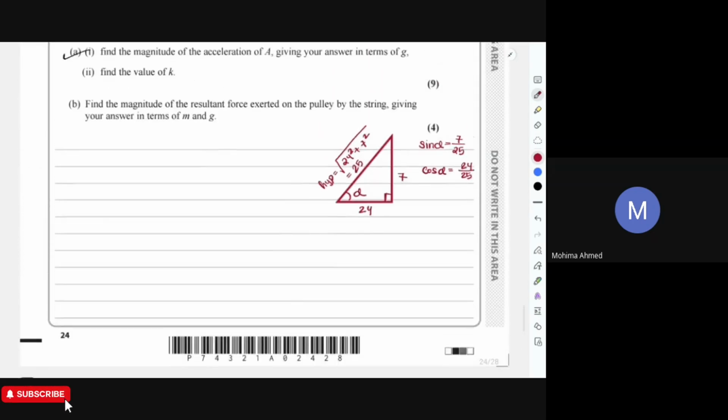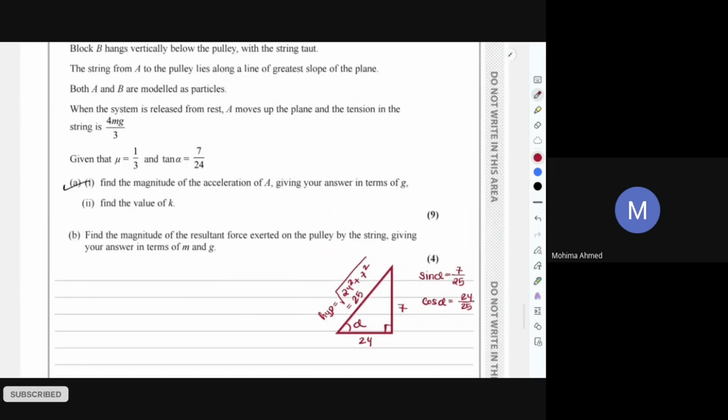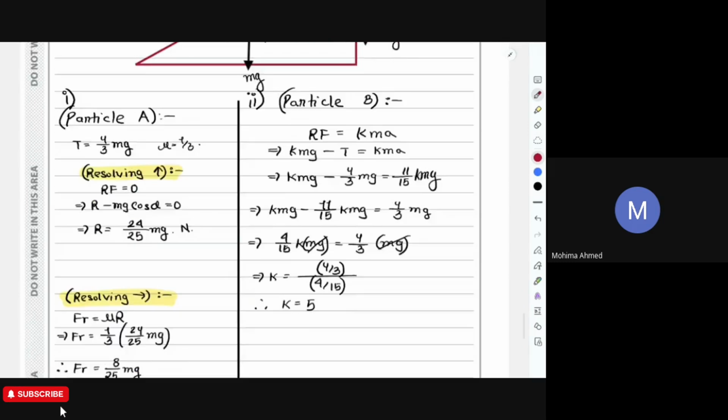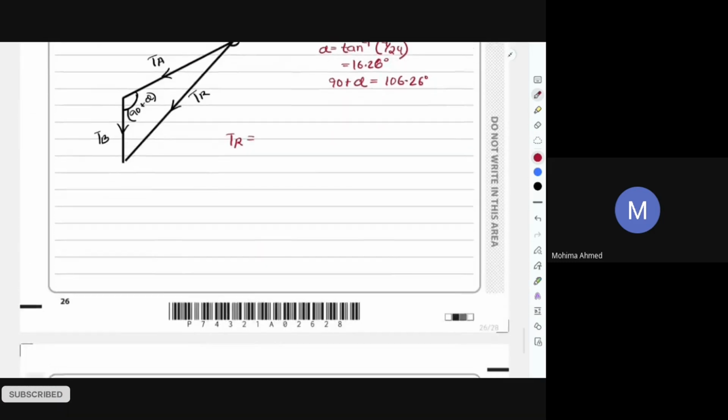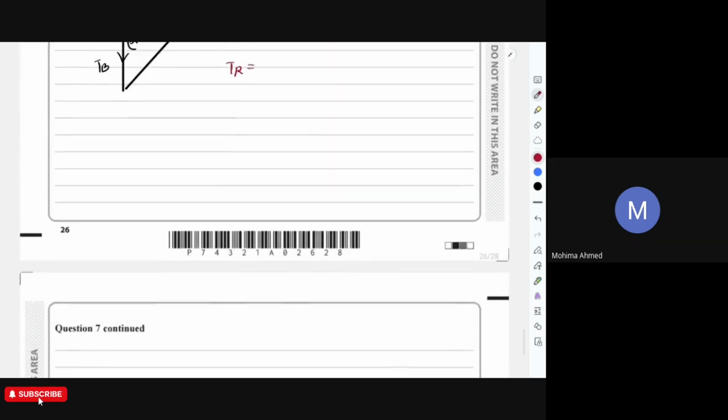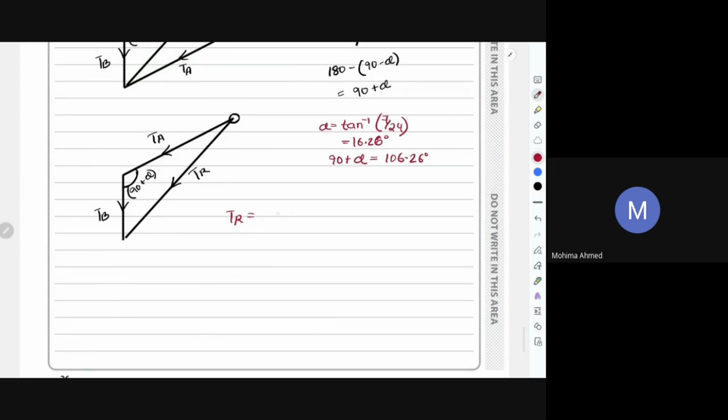Because m was not given. Yeah, in terms of m and g, you just have to find an expression actually. You cannot calculate that directly. So we can write it as T square plus T square minus 2T cos 106.26 degrees, everything under the square root, right?